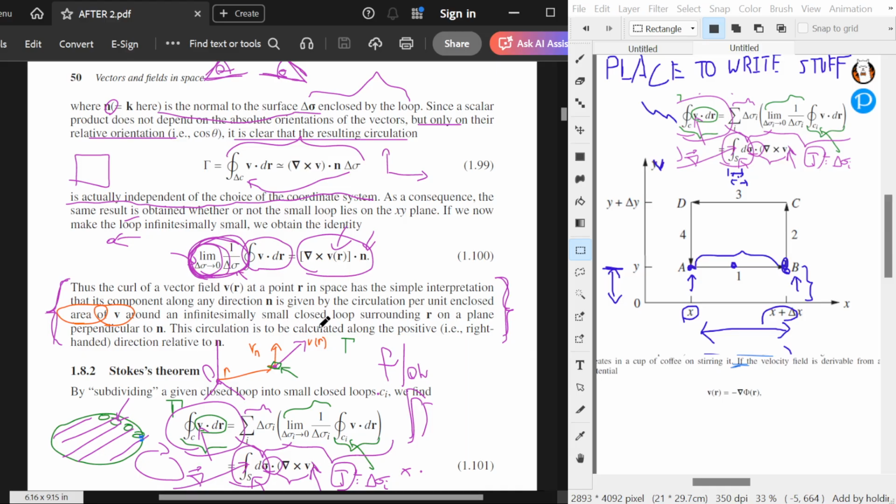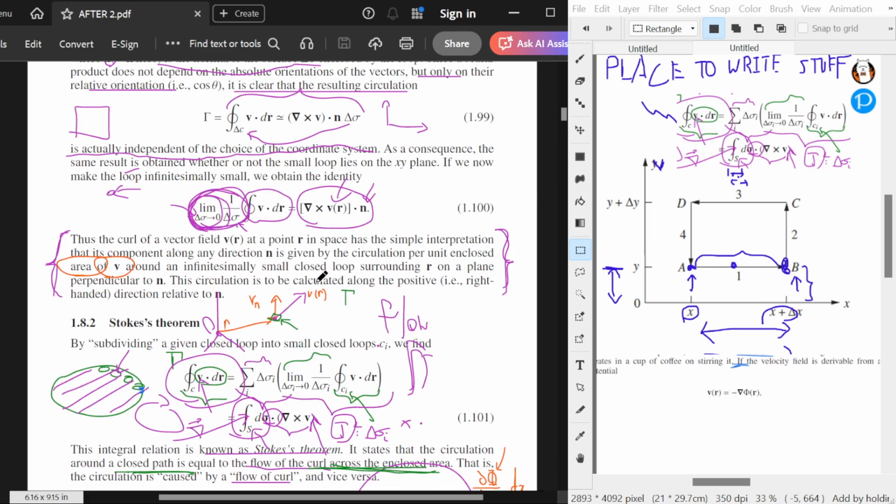This is complicated, but I know what it means. This circulation is to be calculated along the positive right-handed direction relative to n.